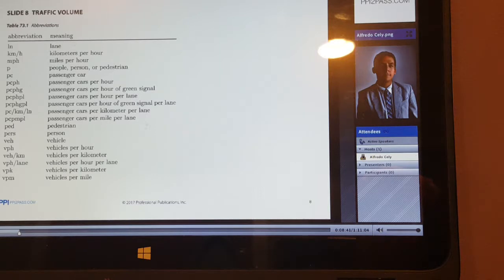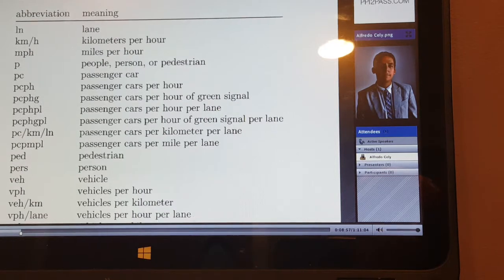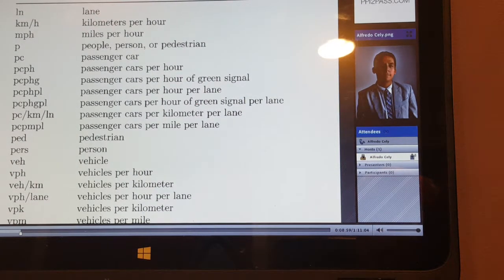We have lane, kilometers per hour, miles per hour, P, which will represent a people, a person, or a pedestrian, a PC, which is a passenger car. And these abbreviations come straight from the Highway Capacity Manual. And because they come from the Highway Capacity Manual, they just carry through because that's the main guide for traffic flow design. So that carries through for all the traffic design concepts that you will encounter.